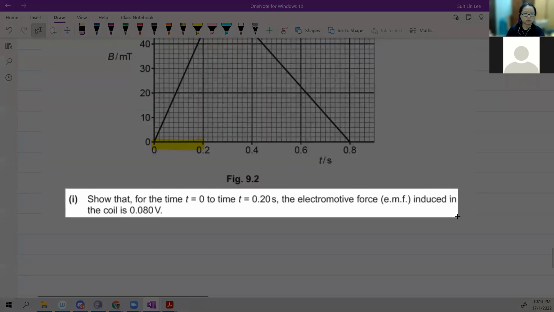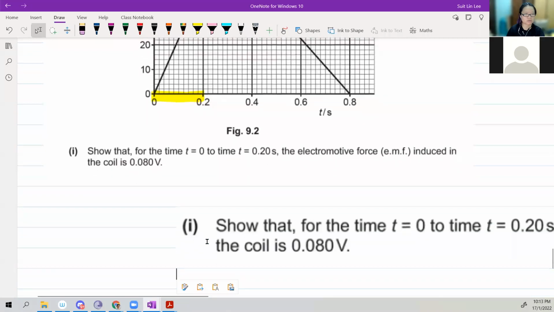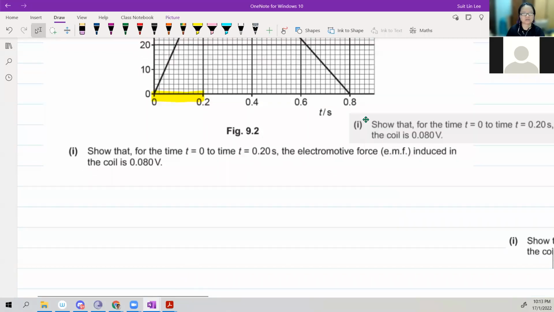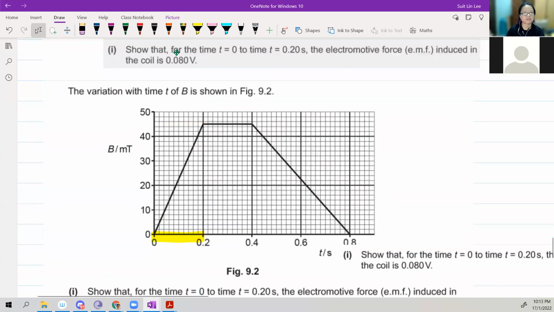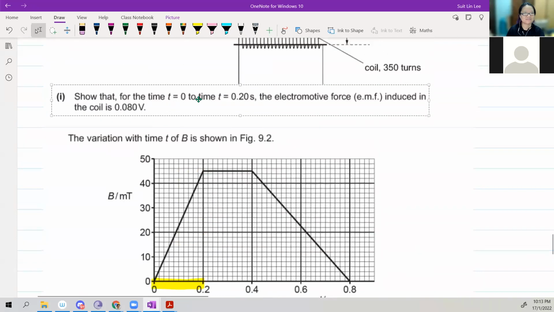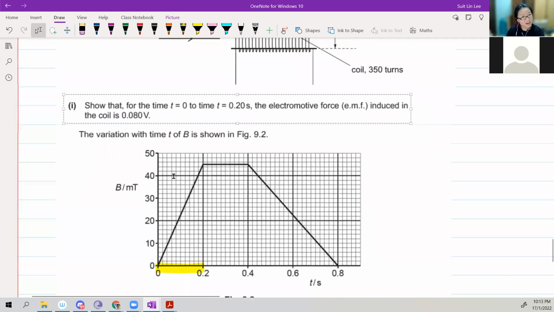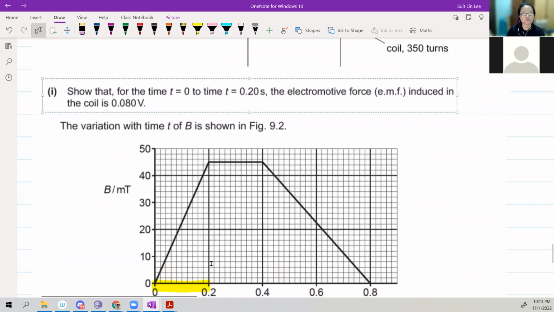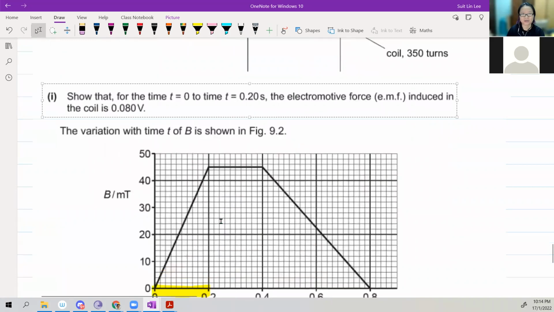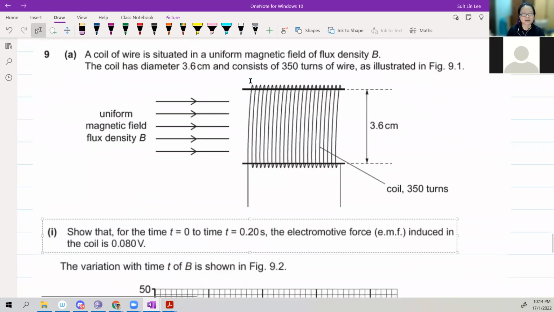So I'm going to temporarily crop this. Okay. So this is the magnetic field. It increased from 0 to 45 in 0.2 seconds. Right? And this is the setup of the coil.